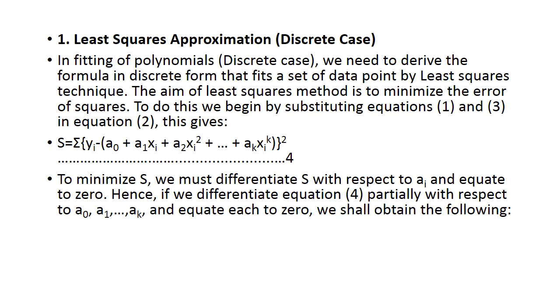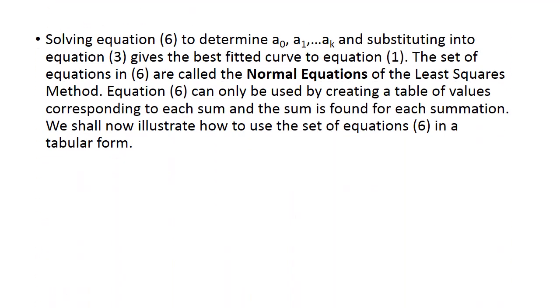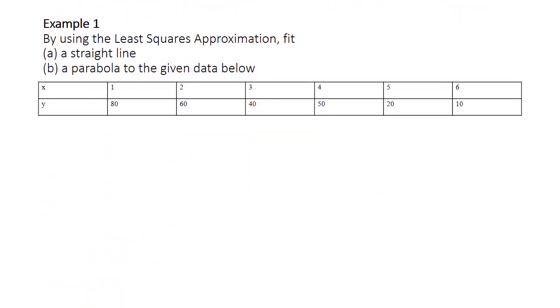The aim of the least square method is to minimize the sum of squares of the errors involved. Solving equations to determine a1, a2, and a3 in a step form.